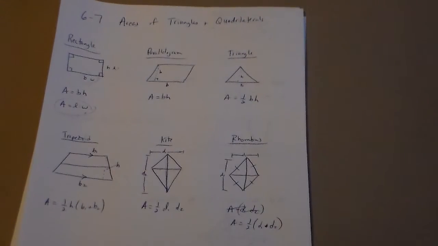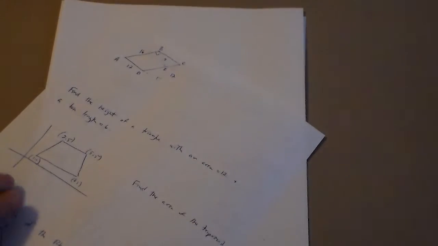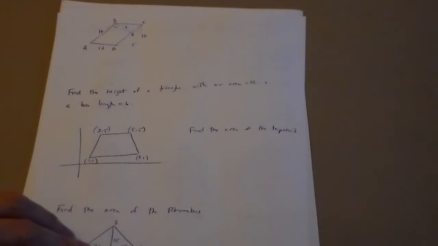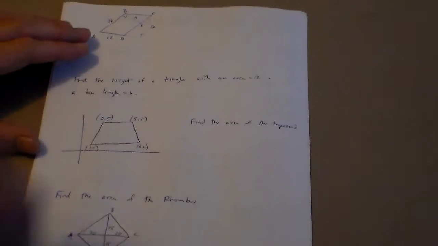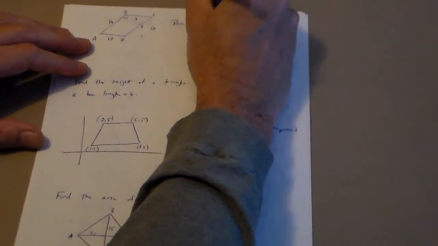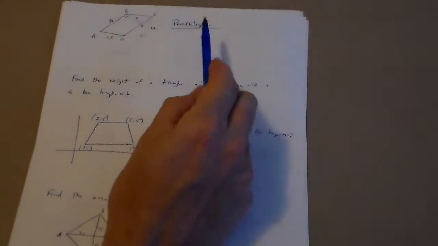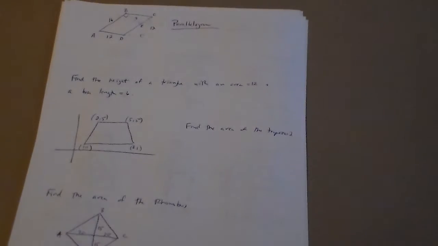So I'm going to give you guys some problems I want you to practice. I would like for you to pause this video. This one's going to be a parallelogram, I'll tell you that. I want you to find the area of the parallelogram and the area of the trapezoid and the area of the rhombus.